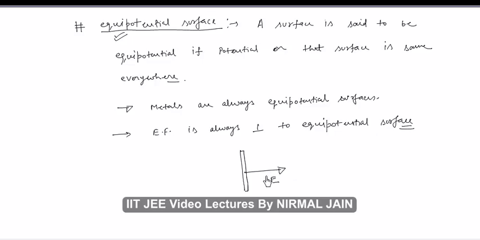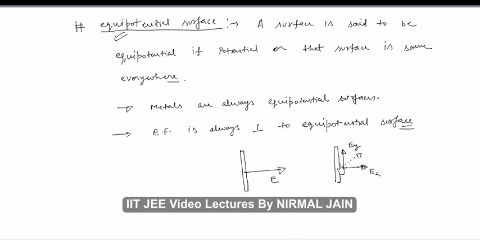The reason behind this is that if the electric field on this surface is something like this, then this electric field will have two components. One is in this x direction and the other component will be in this y direction.